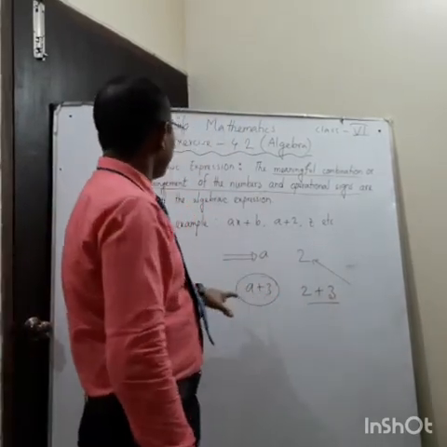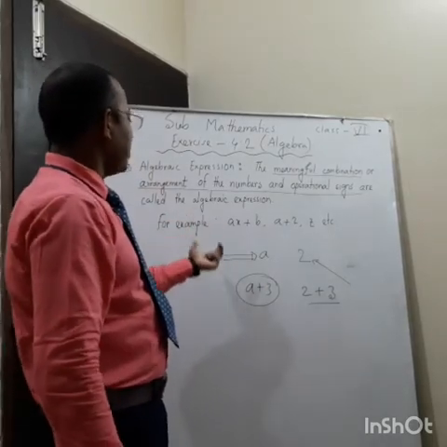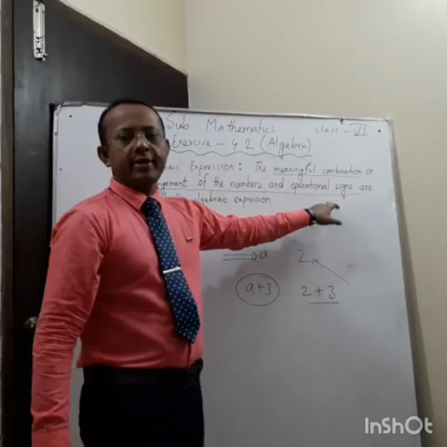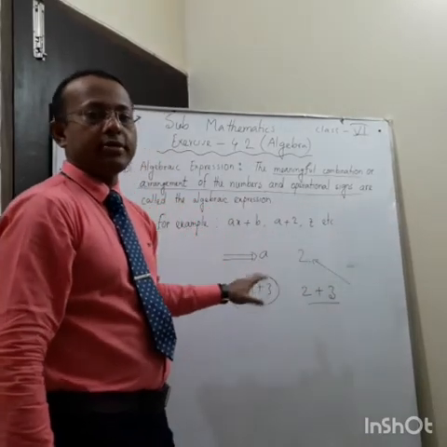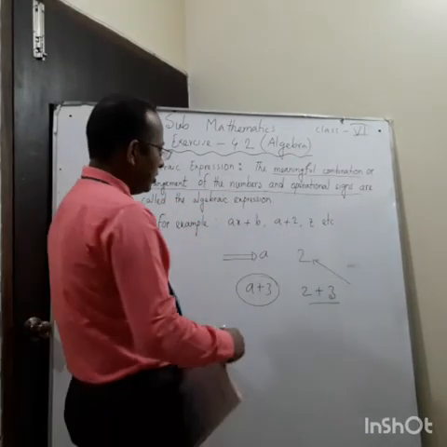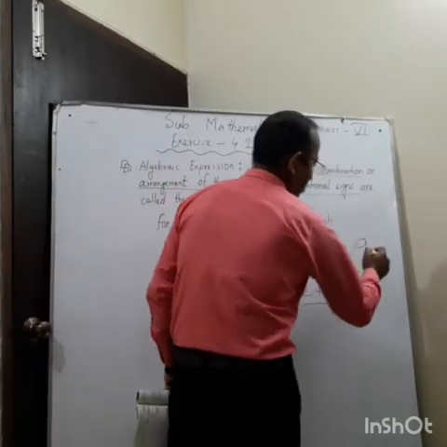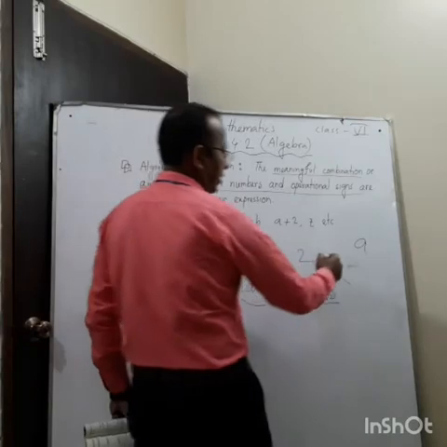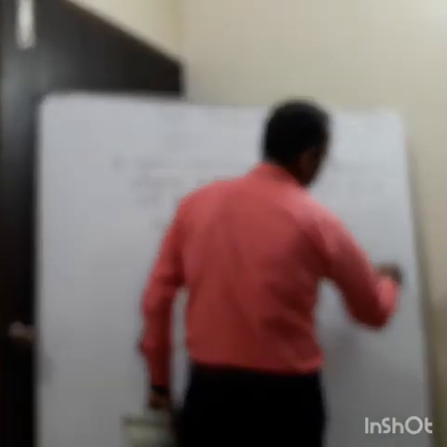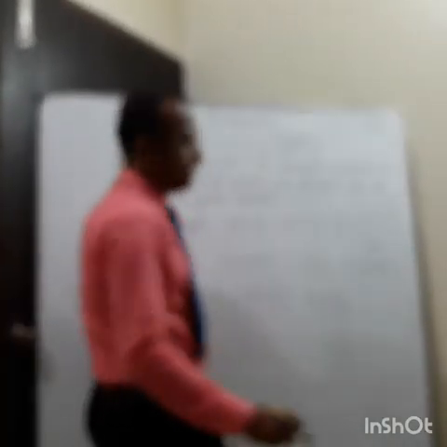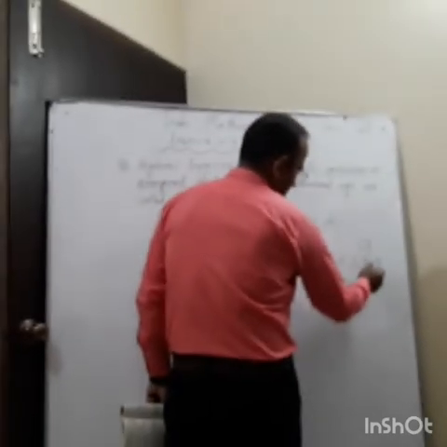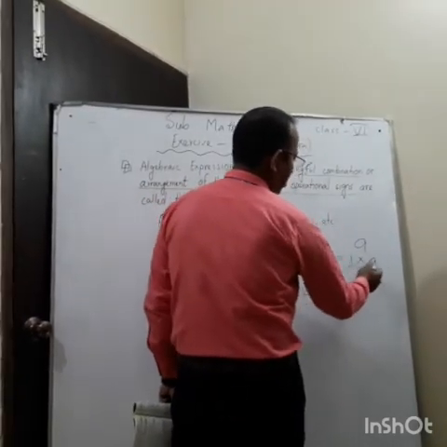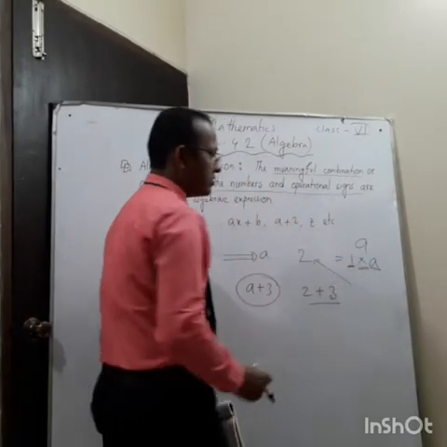By this sense, an expression contains the numbers and the operational sign; there must be an operational sign. Here you may ask, in A, is there any operational sign? Obviously there is: 1 into A. Here this is an operational sign, this is a literal symbol, this is a numerical coefficient.